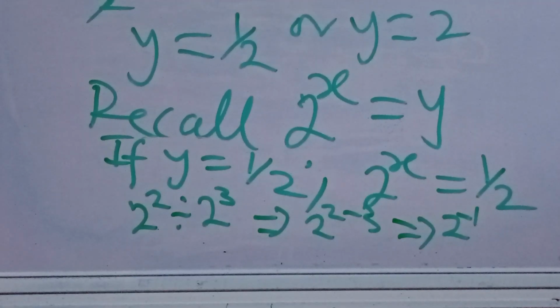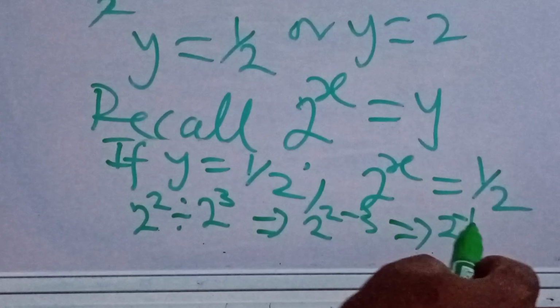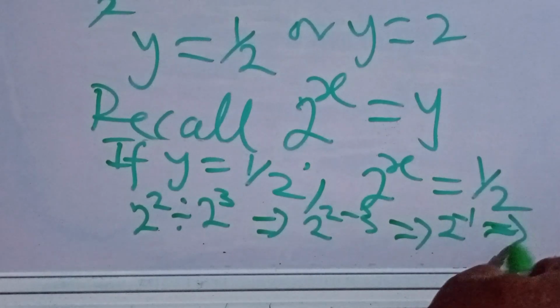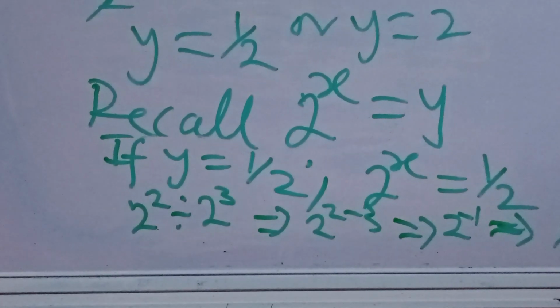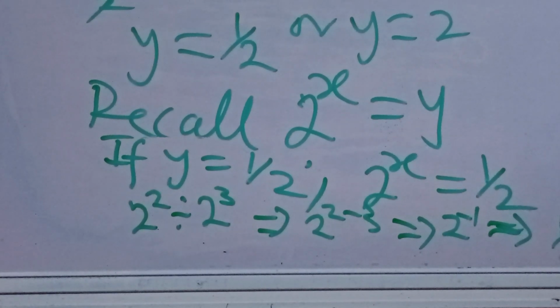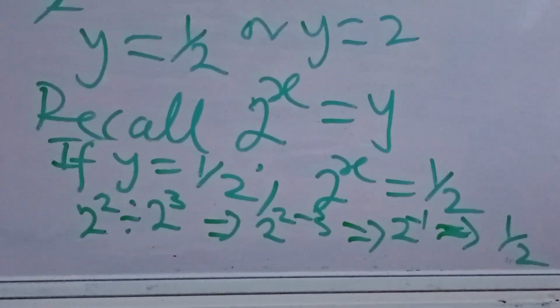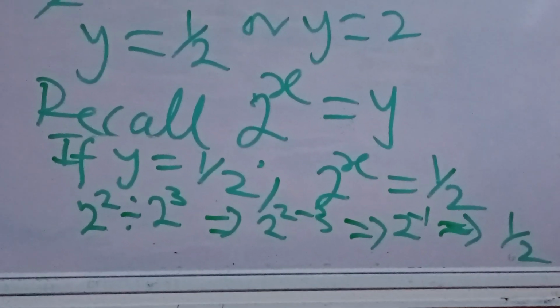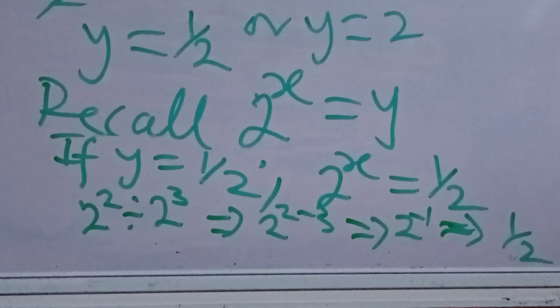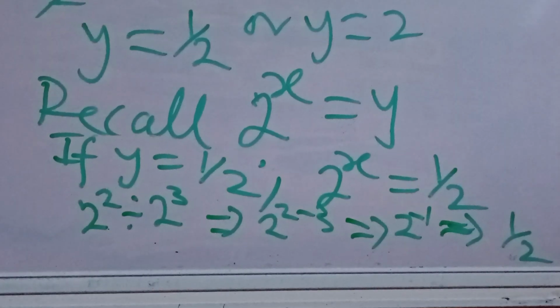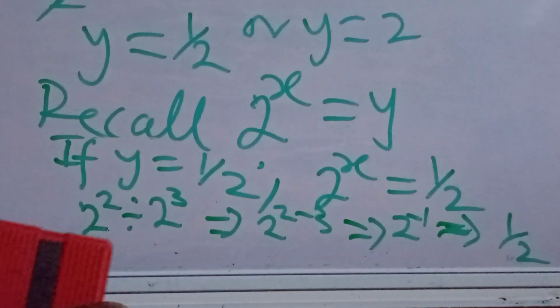And 2 raised to the power minus 1 in indices implies 1 over 2. Now we are going to replace half to be 2 raised to the power minus 1.